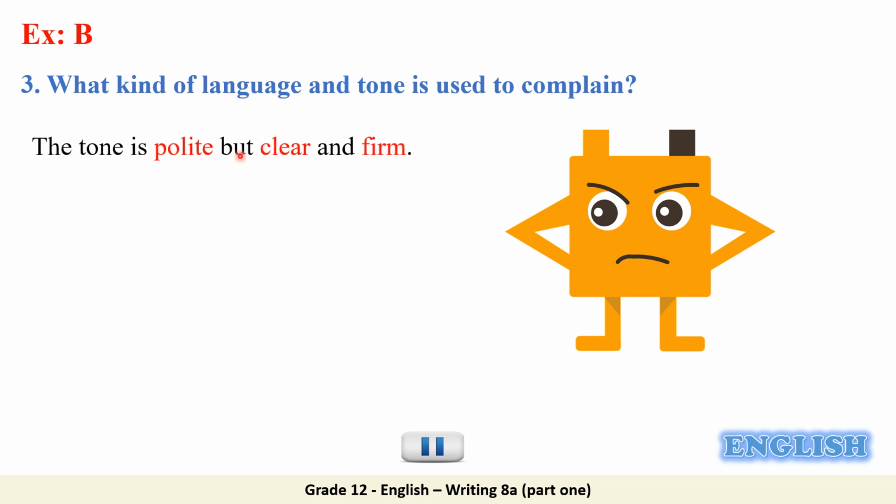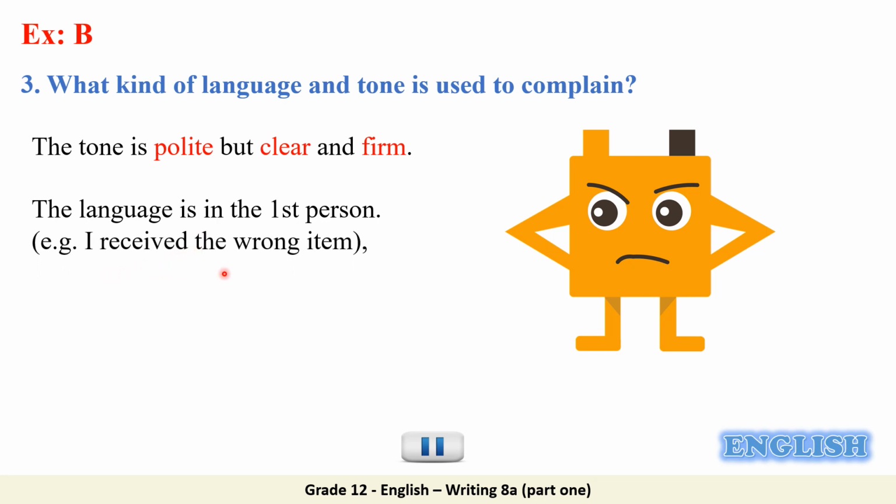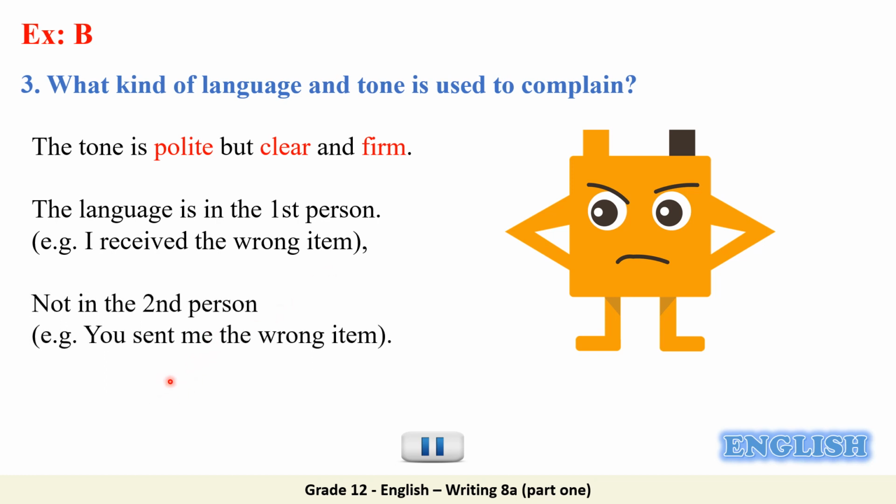Well, the tone is polite but clear and firm. So the writer is not impolite. He is polite, although he is complaining. The language is in the first person, so I received the wrong item. He didn't use second person: you sent me the wrong item. So when you're writing an email of complaint, you should stick to using first person and don't use second person.